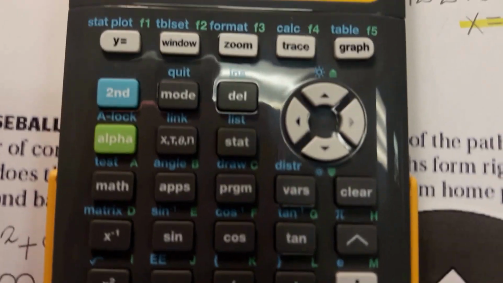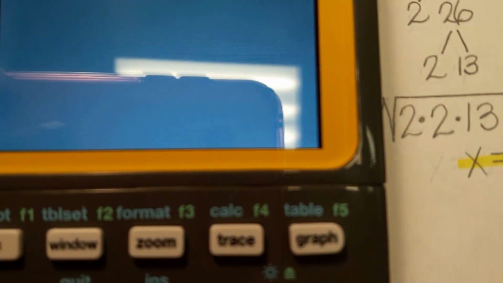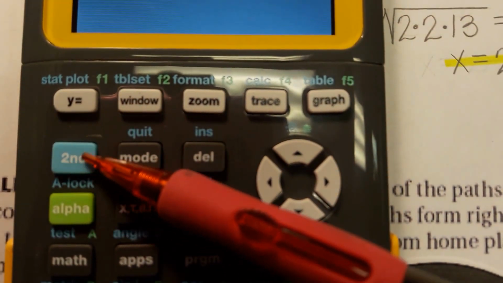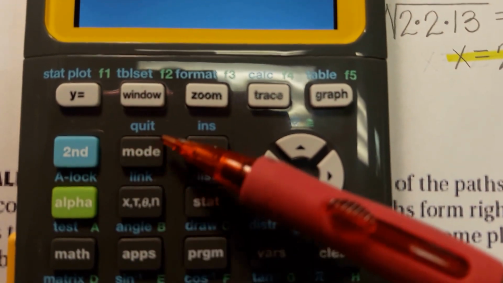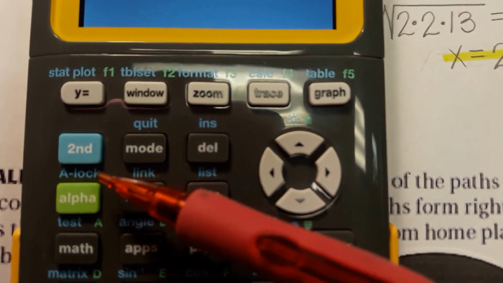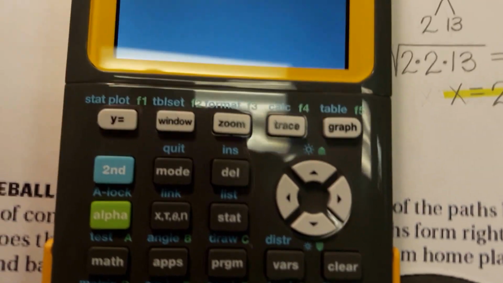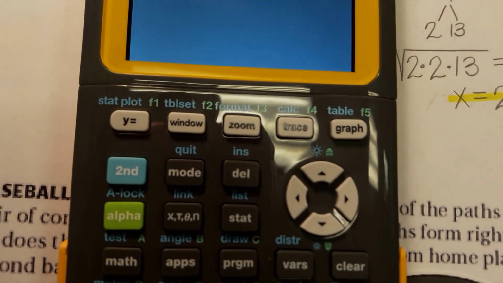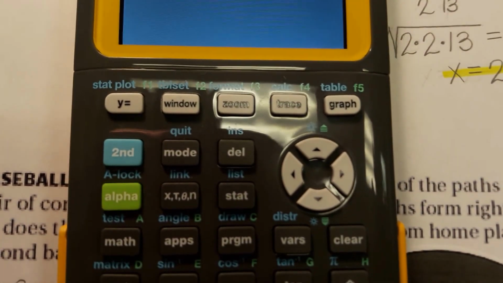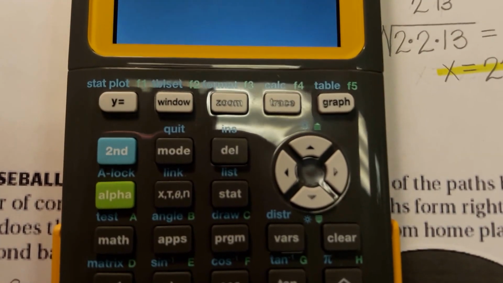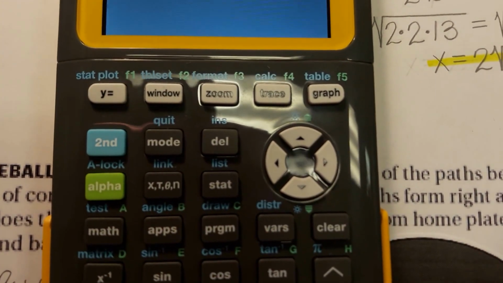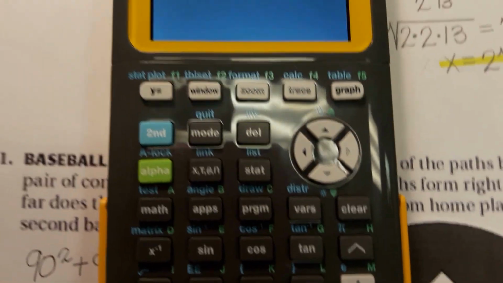Whenever you say second, it leads you to everything that is in blue. The green color will lead you to other features. But the blue will lead you to the blue parts of the calculator.